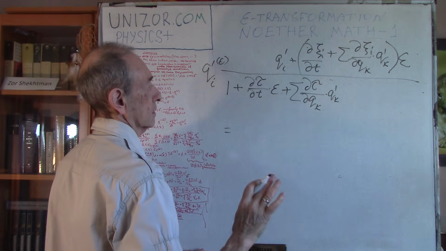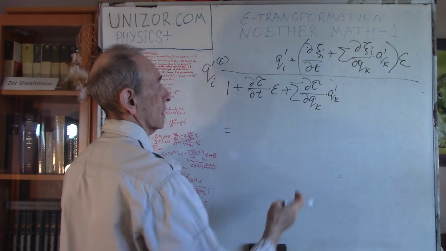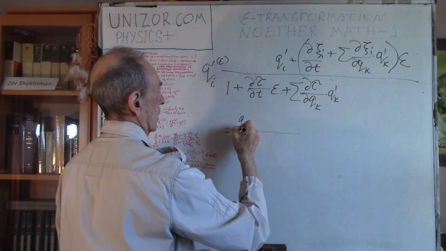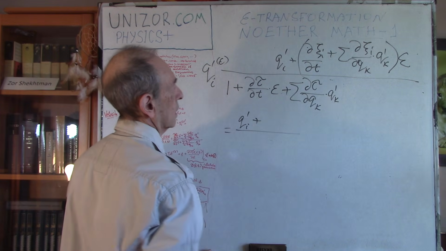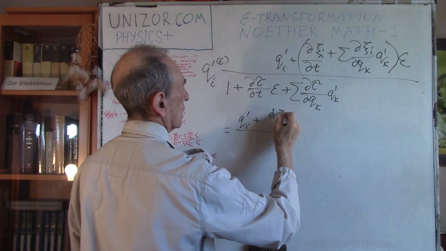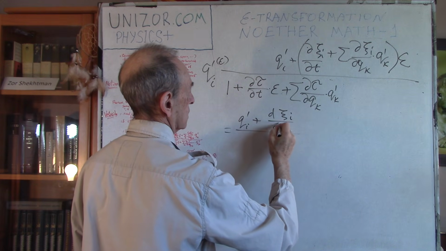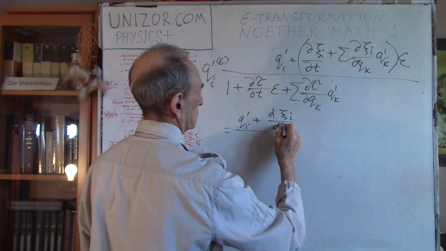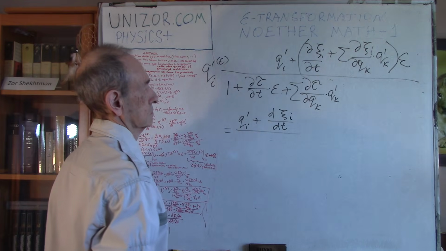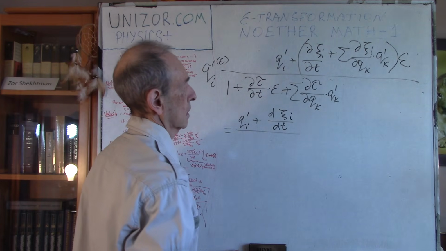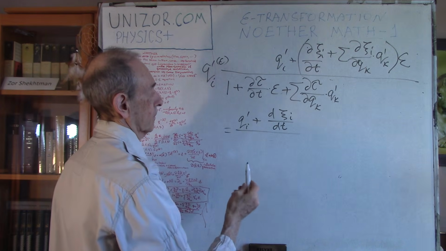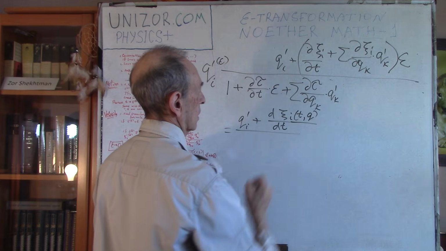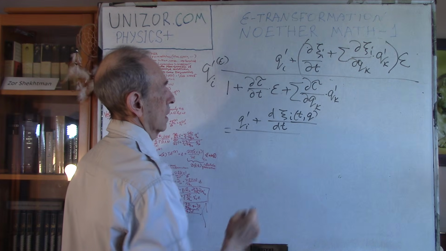Equals. Just to make the whole life a little bit easier, recognize what this actually is in parentheses. Well, this is d xi by dt. Why? The full derivative of xi, which is depending on t and q, is what?